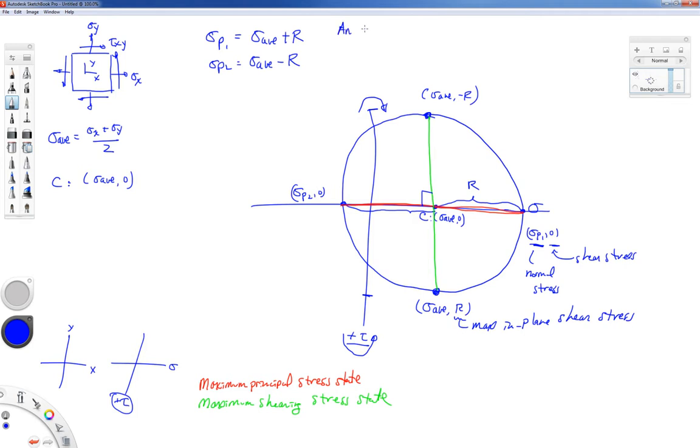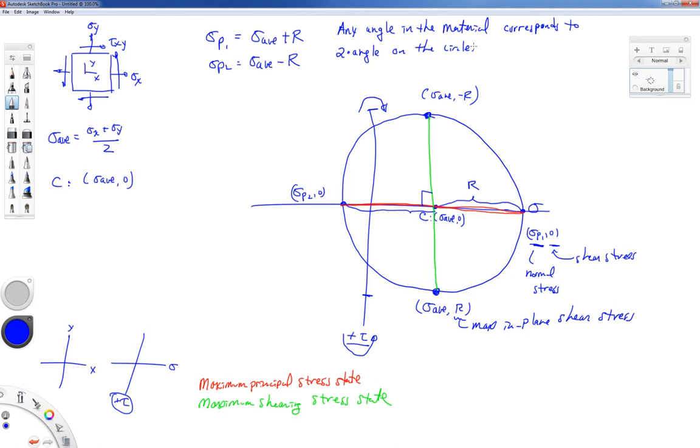An angle in the material corresponds to twice as much on the circle. Okay, this is a product of how we came up with our equation for the circle.